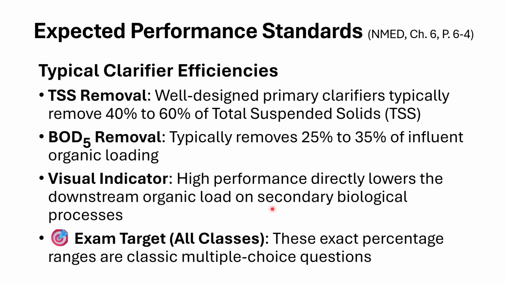That reduction in color will happen as you go through the primary clarifier. So with the exam target, this is for all levels: those exact percentages, 40 to 60% for total suspended solids removal and 25 to 35% for BOD removal, are something on all different levels that you should be able to remember and understand.